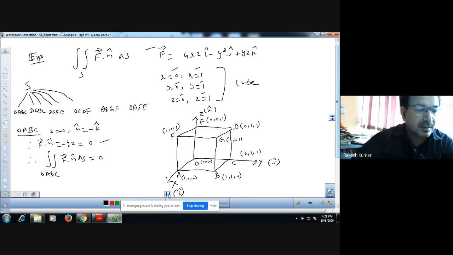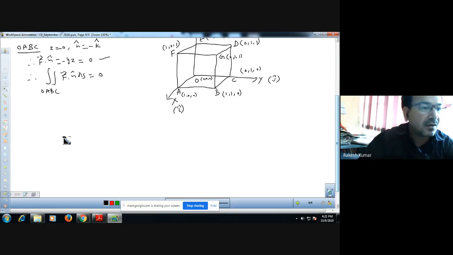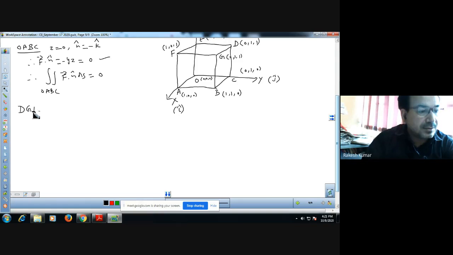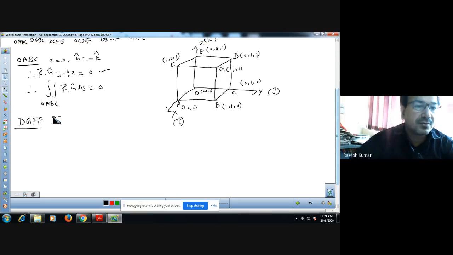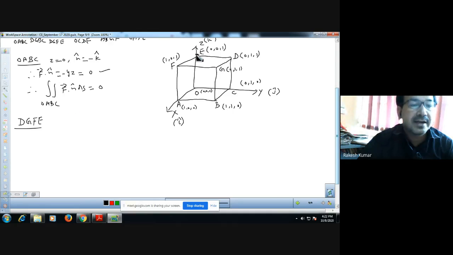And similarly we can evaluate along the other face, and the second face we should have is B, G, F and E. This is the face we are going to take now. This is the B, G, F, E. This is along the z-axis face.